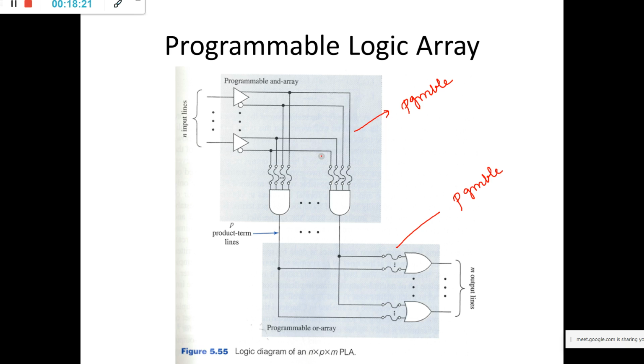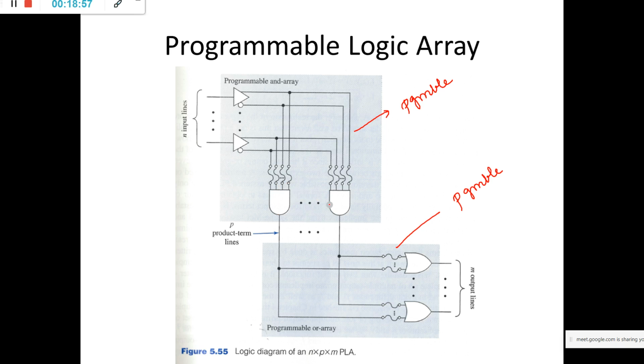Whereas in PROM, what we studied earlier, the AND array was fixed. AND array is fixed means the canonical terms were generated in PROM. Whereas in PLA, because AND array is programmable, whichever connections the user desires, those connections only can be kept. Other fuses can be blown out. So we can have canonical terms, we can also have non-canonical terms.